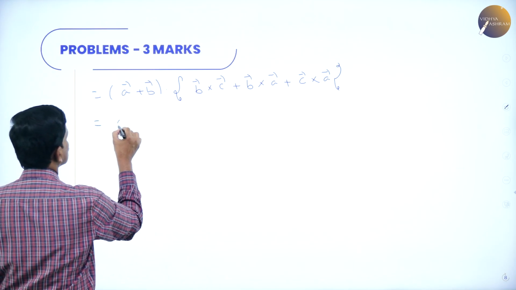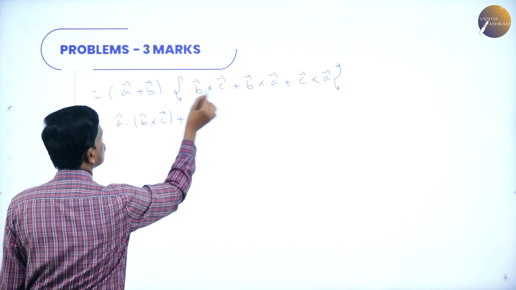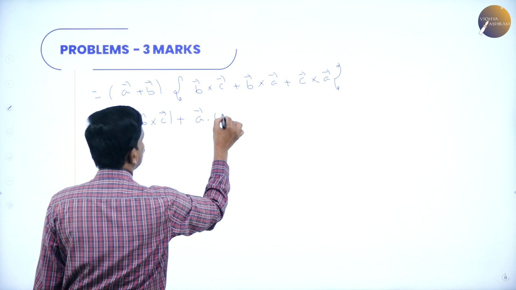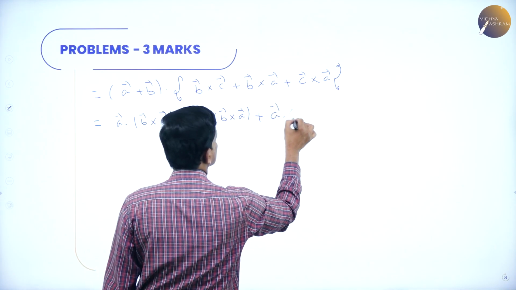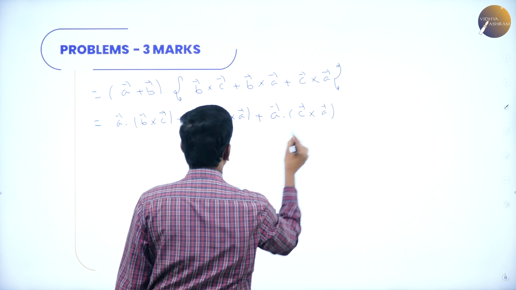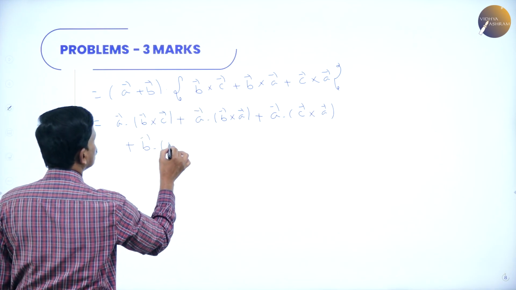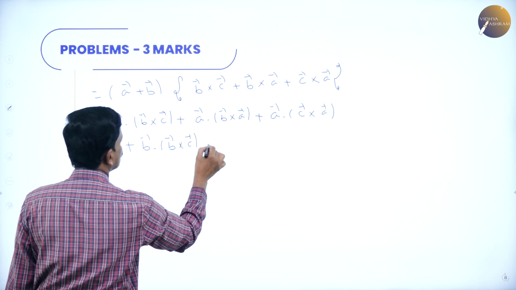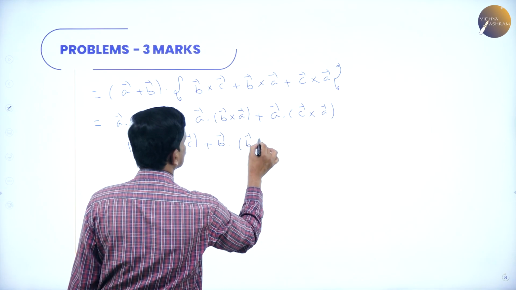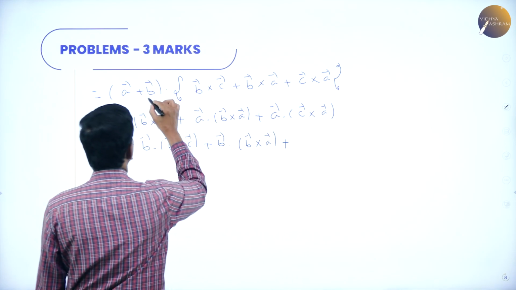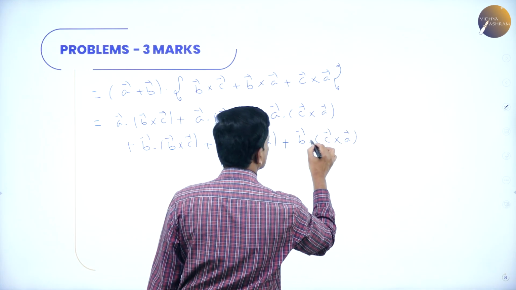So A dot B cross C plus A dot B cross A plus A dot C cross A, plus again similarly apply B dot B cross C plus B dot B cross A plus B dot C cross C. This is a very important step.